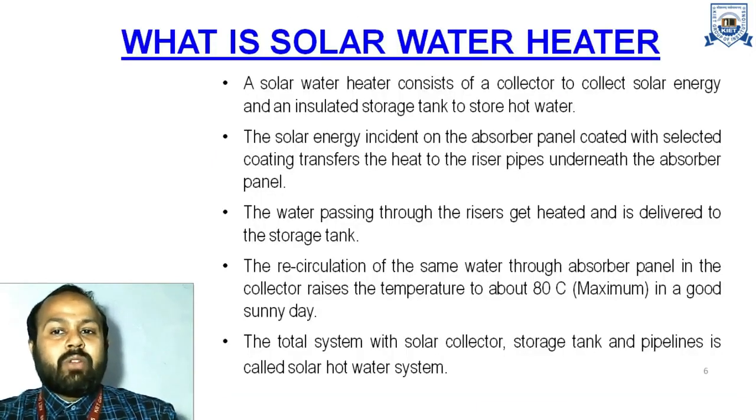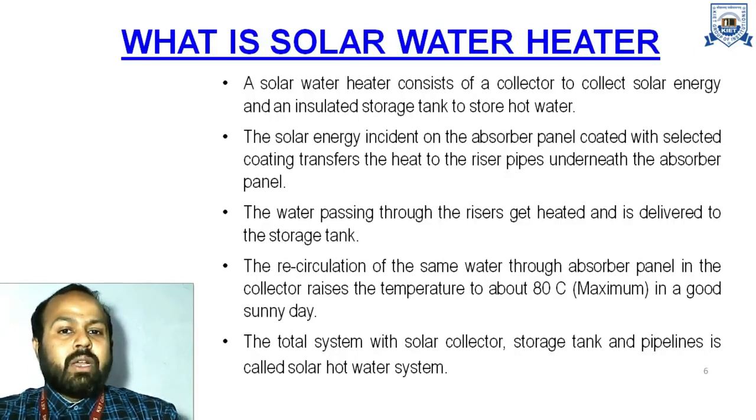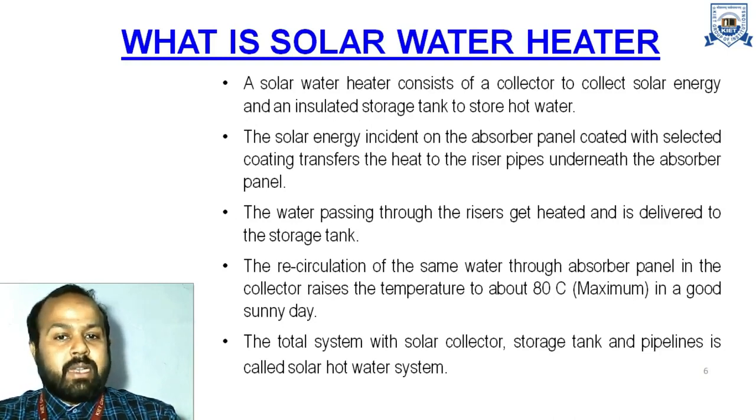Now, what is a solar water heater? A solar water heater consists of a collector to collect solar energy and an insulated storage tank to store hot water. The solar energy incident on the absorber panel, coated with a selective coating, is transferred as heat to the riser pipes under the absorber panel.